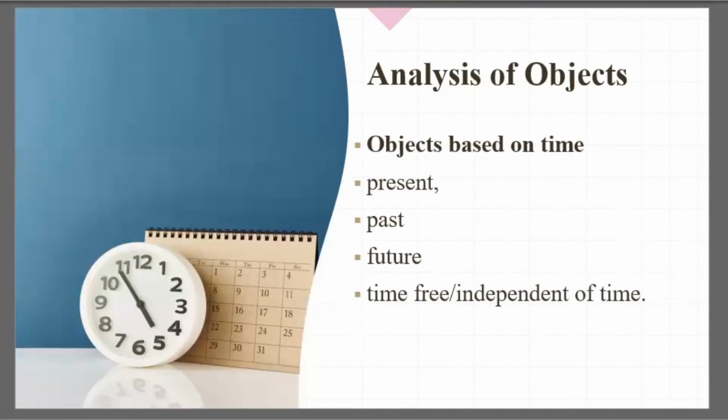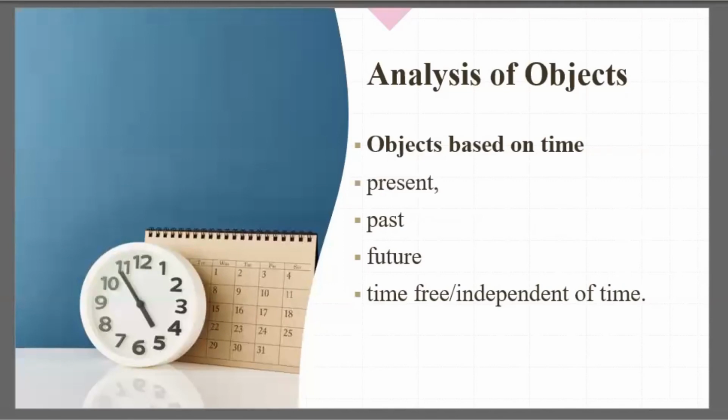When we hear sounds now, they are present objects. What we have seen yesterday, this morning, a few days ago, or a few months ago, those objects are past. Something that will happen in the future, those objects are future.